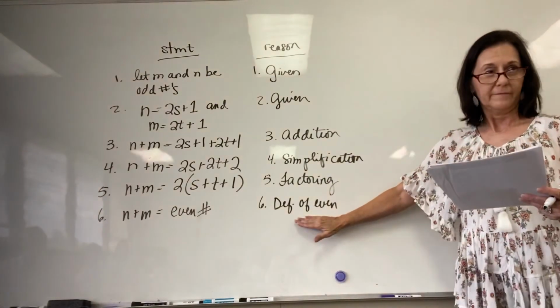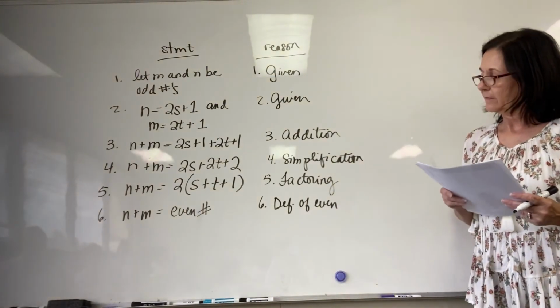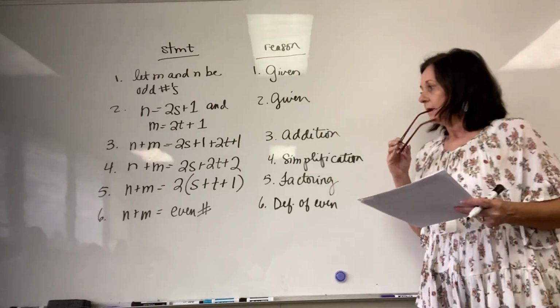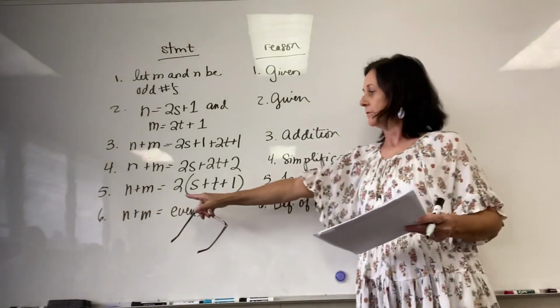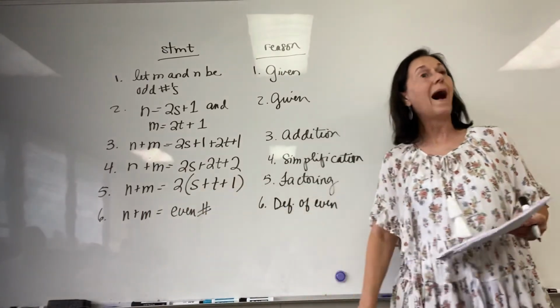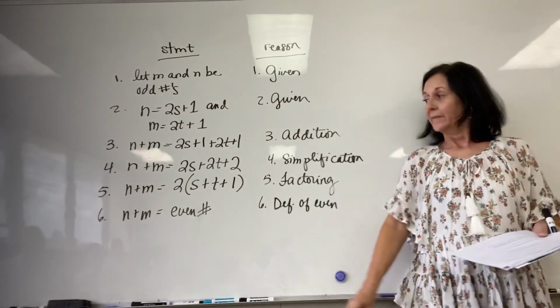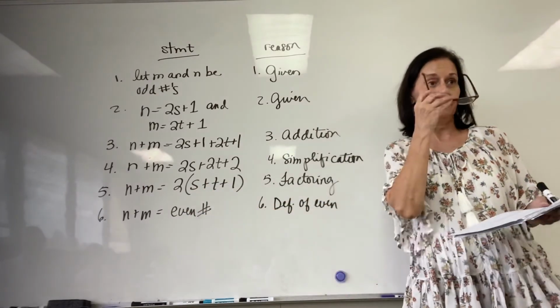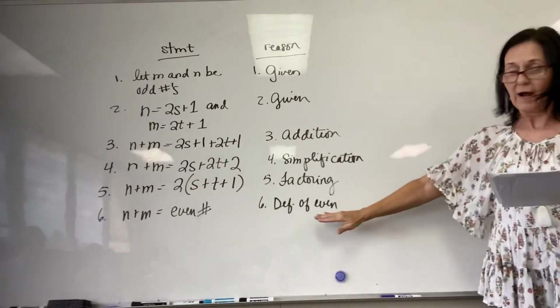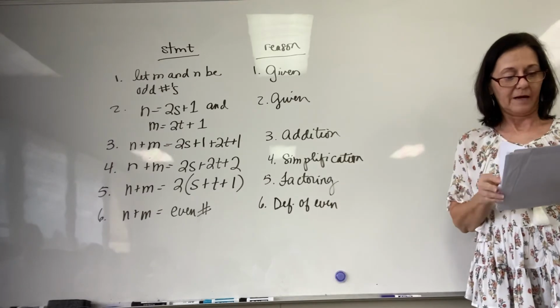I'm asking, like, how did you know that was the definition of even? Like, is that a term we learned? Because even numbers are multiples of 2. So by definition, multiples of 2. 2 times any value is going to be an even number. So you could just write definition of even, right?